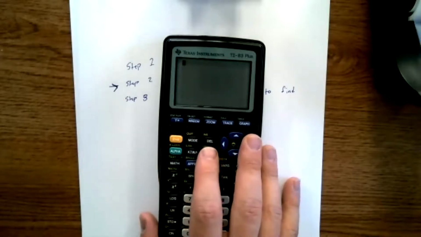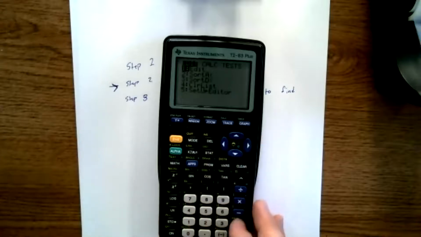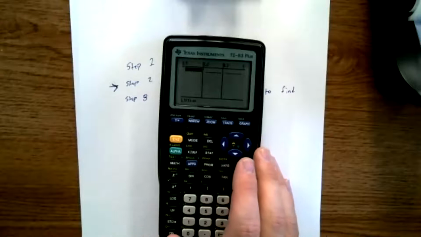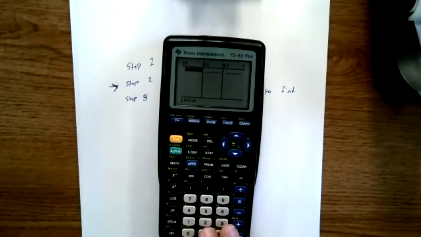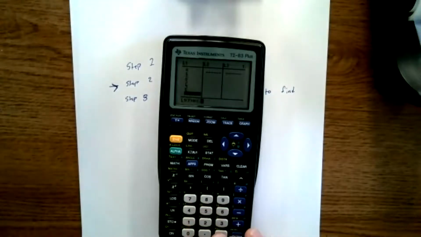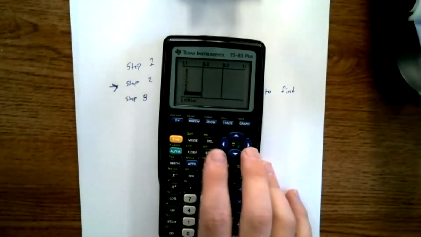So to enter the data, I hit stat, and then I go to edit. Like I said, I'm going to be exclusively using L1 and L2. L1 is reserved for the hours. So 0, 1, 2, 3, 4, 5, 6. Just like that.